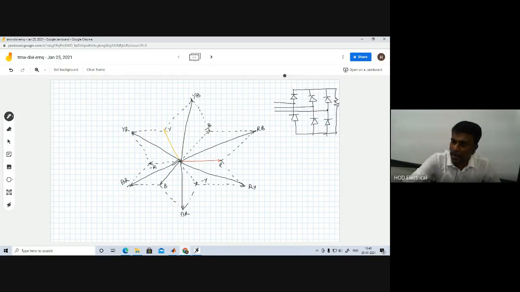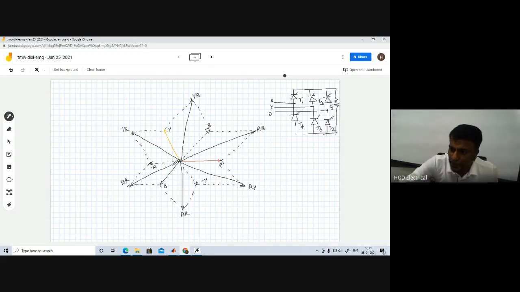So we can write R, Y, B. Then these thyristors we can number for the easiest way: odd numbers T1, T3, T5 are in the upper arms, and the remaining T2, T4, T6 are in the lower arms. This is how we have drawn the three-phase full converter.